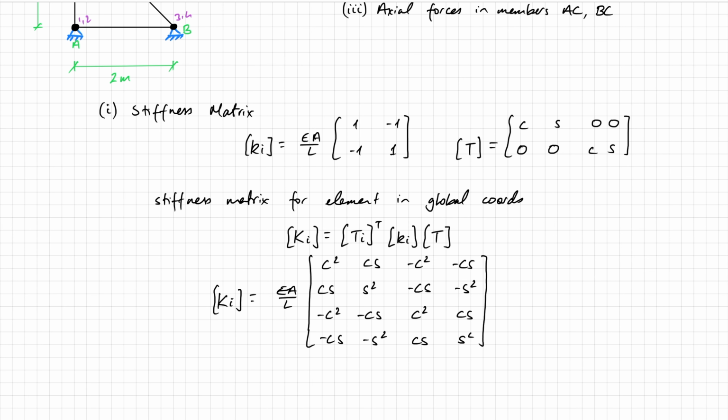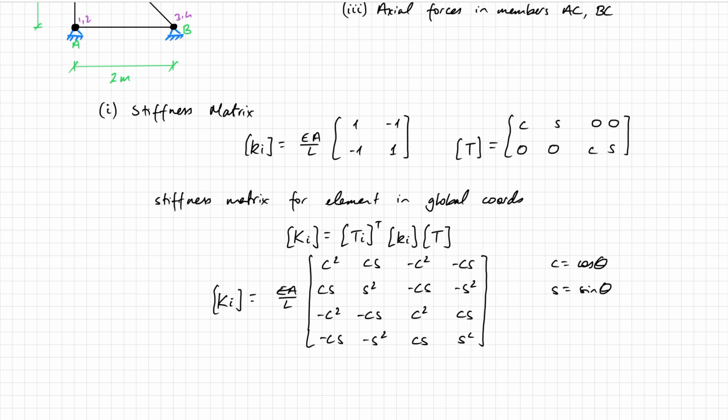So this is the stiffness matrix for each element in the global coordinate system after I've found C, which is cosine theta, and S, which is sine theta. That's the angle at which they're oriented compared to the horizontal. And once again, any recap of the theory, you can go back and have a look.